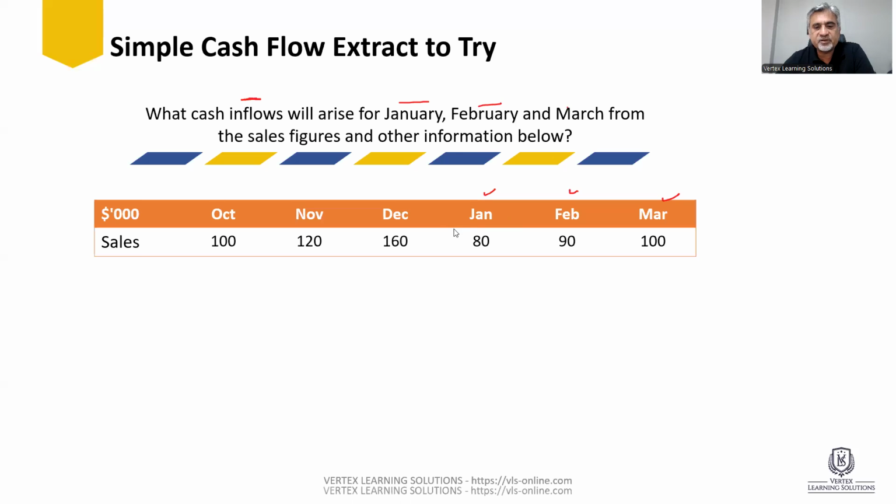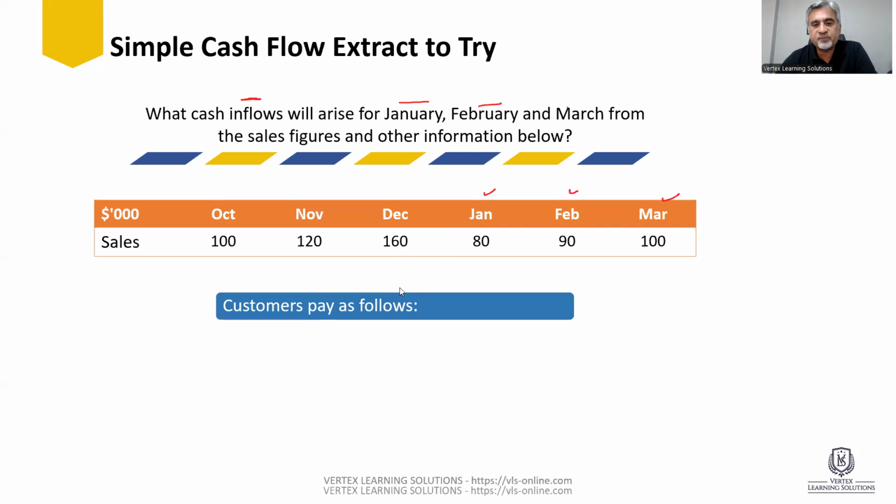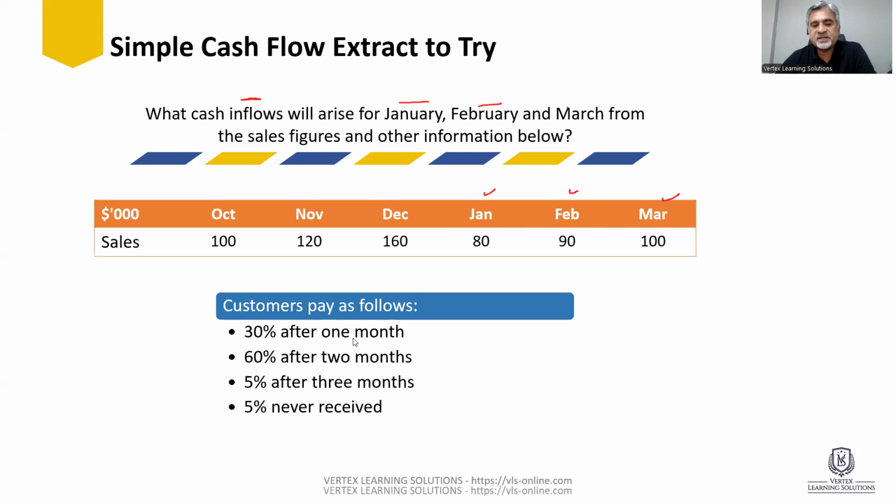Now, see the instructions. It says that customers pay as follows: 30% after 1 month, 60% after 2 months, 5% after 3 months, and 5% never received, which means 5% is bad debt. So what does that mean?